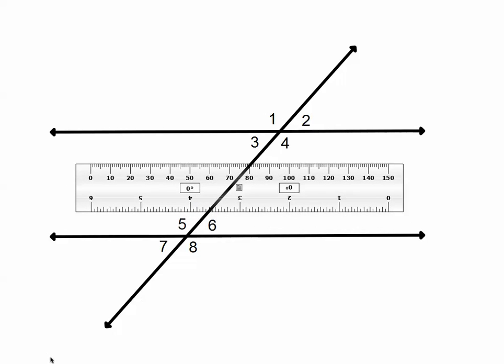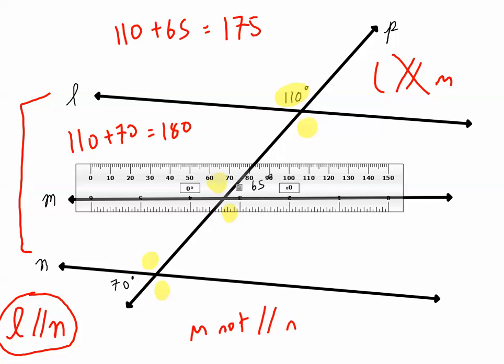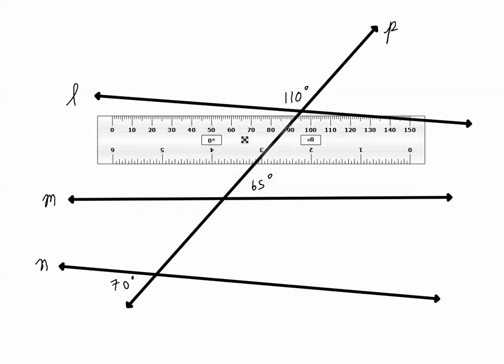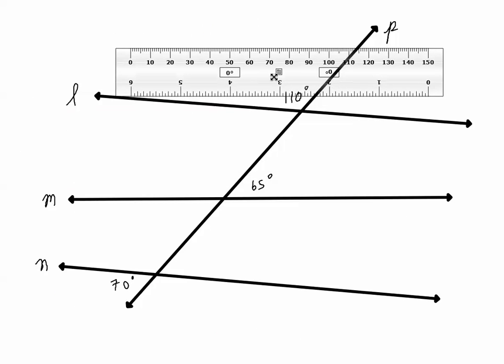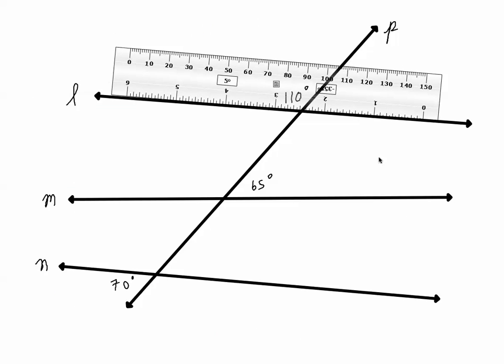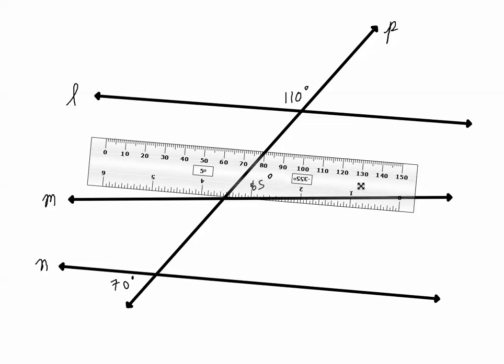If we try this on another one of these diagrams, let's go with a more complicated one, right here. Instead of doing the big, the small, the 180, check it out. Take your ruler, line it up so that it has the same direction that your line does. See if it matches the other ones, because for the most part, all of your diagrams on the SOL are going to be perfectly to scale.